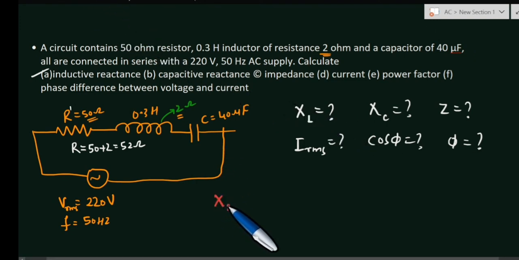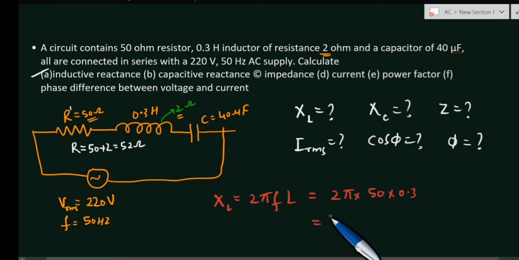So XL is equal to omega into L, that is 2 pi f into L. So this value is 2 pi, the value of f is 50 and the value of L is given, that is 0.3. And if you calculate, the value of XL comes out to be 94.2 ohm, and this is the value of XL.